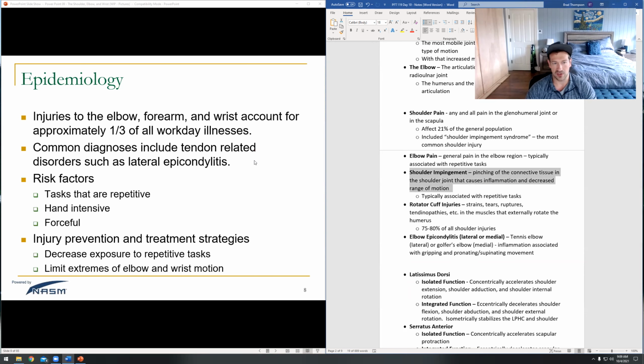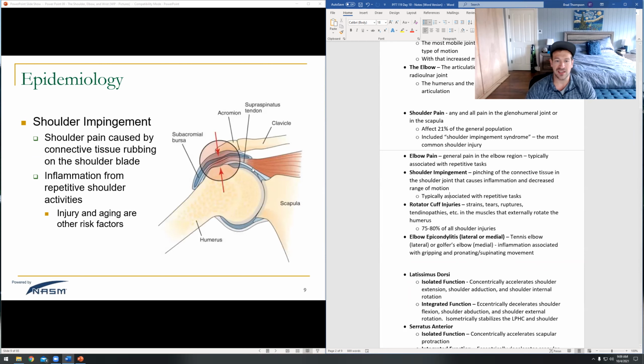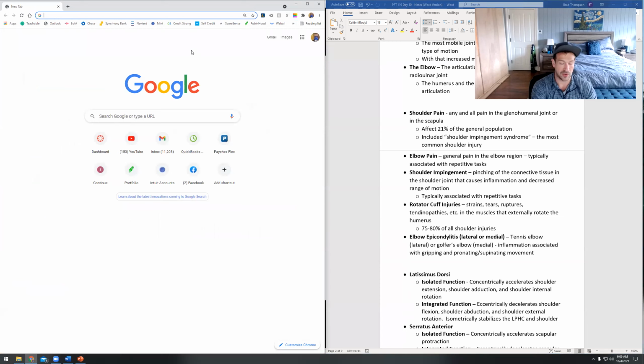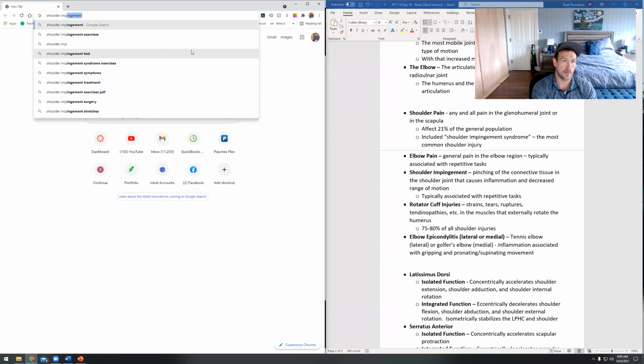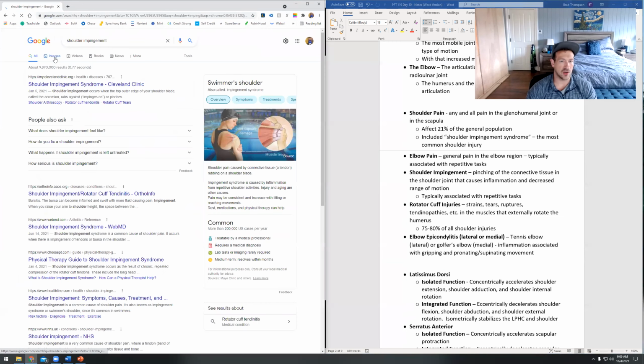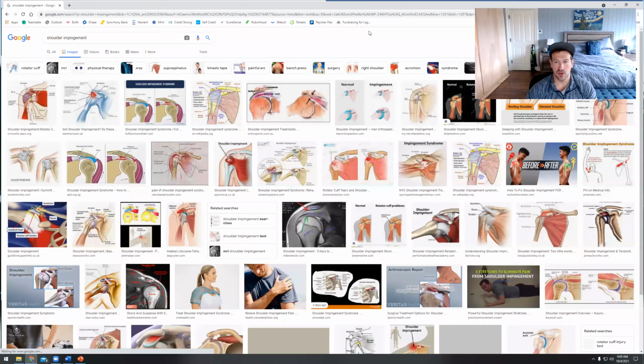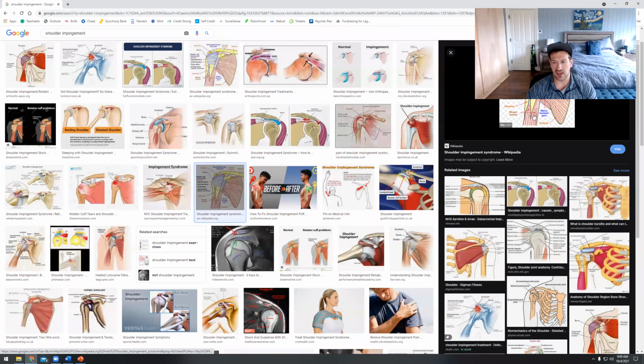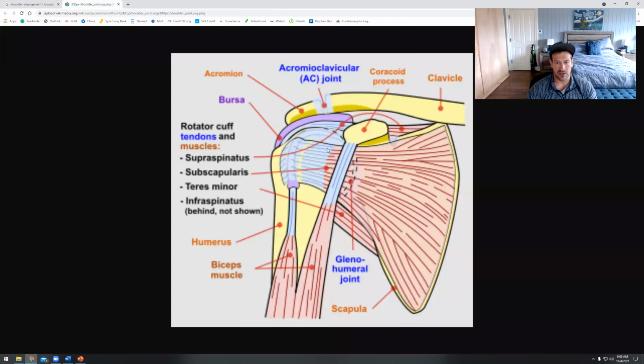I'll come back to the elbow one in just a second, but this is where you've got a lot of connective tissue. Until now we've been looking at the bones, but if we look at what's going on internally, you've got all this connective tissue coming up and over this bone here.